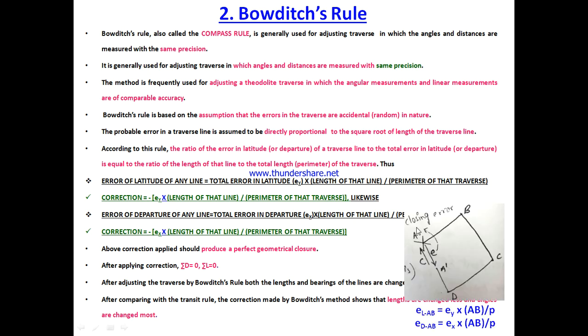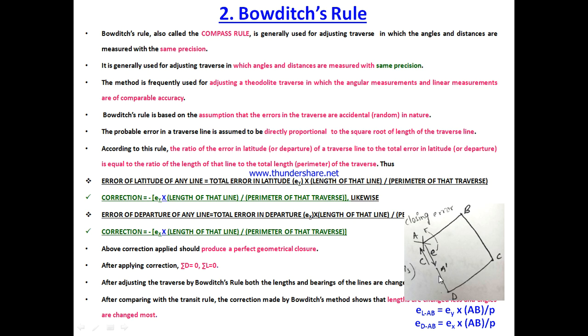Let me explain it with the help of this figure. Suppose a traverse is started, or you have computed the values of the traverse with stations A, B, C, D. After that, at D we will calculate the angle and it should close again at A, if it is a perfect traverse without any closing error.